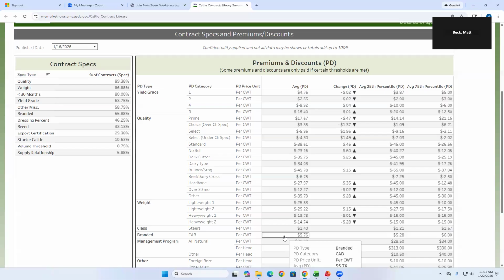Does anybody know why dairy beefs are so hot right now? What's that? What about sexed semen? Yeah. So for those of you that don't know, the dairy industry is now using sexed semen, which has become cheaper to use, right?